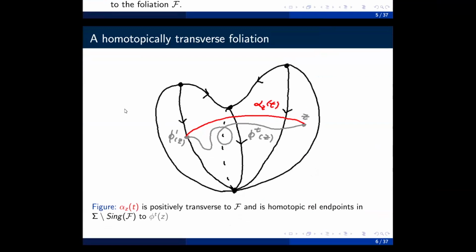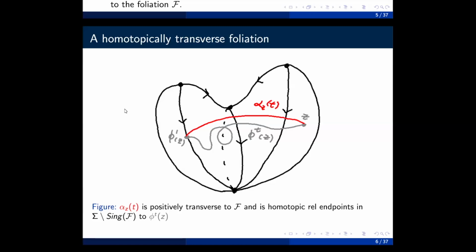The orbit itself is not necessarily transverse to this foliation, but it can be homotoped rel endpoints, avoiding the fixed points of your isotopy, to some path that is positively transverse. So this is a statement about the homotopy class of the path rel endpoints in the leaf space of the associated foliation.